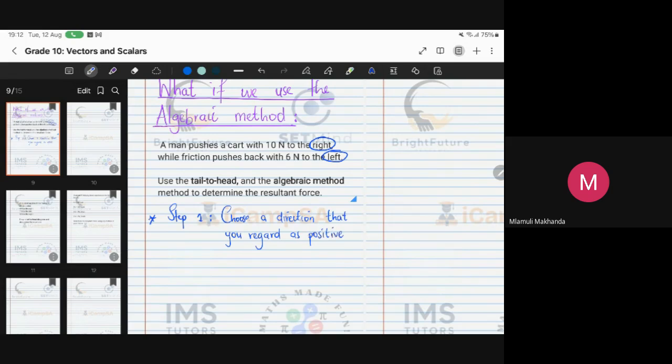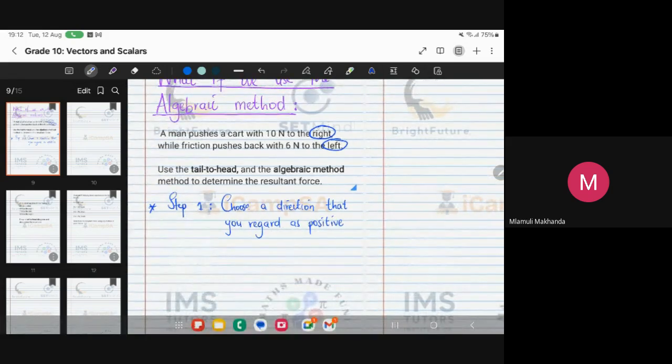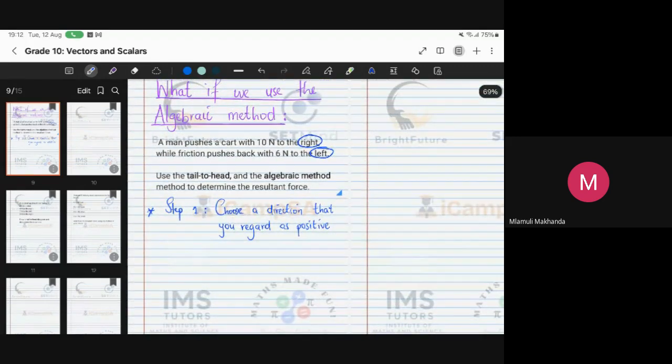Any direction works, up to you. If you think left is positive, that's okay. If you think right is positive, that's okay. There's no rule to choosing that direction. So you choose one direction that you regard as positive.